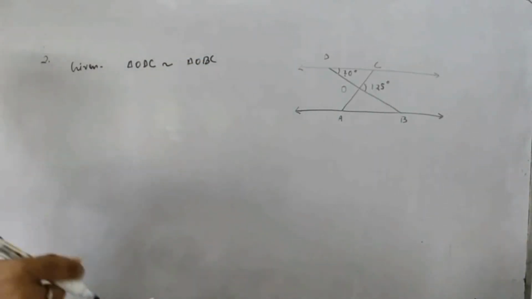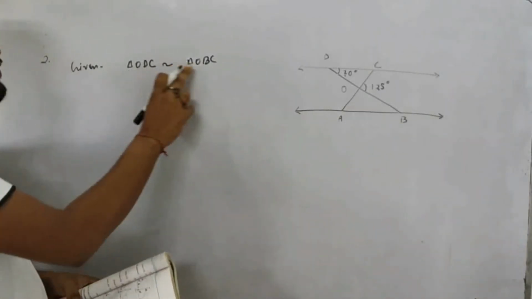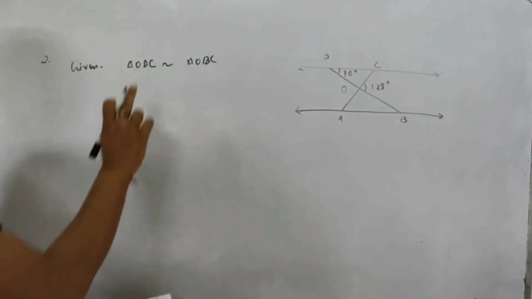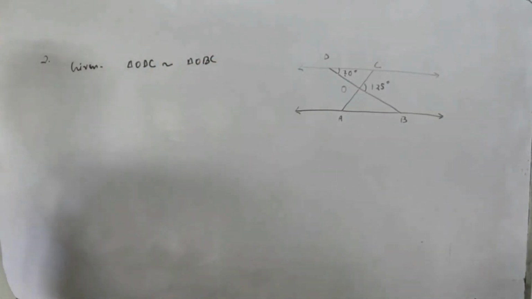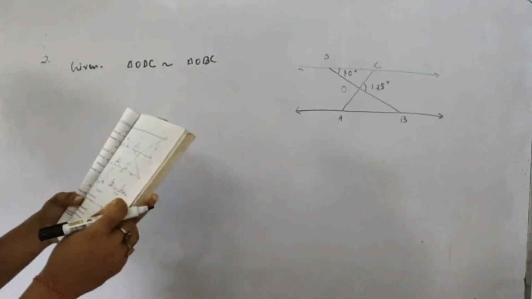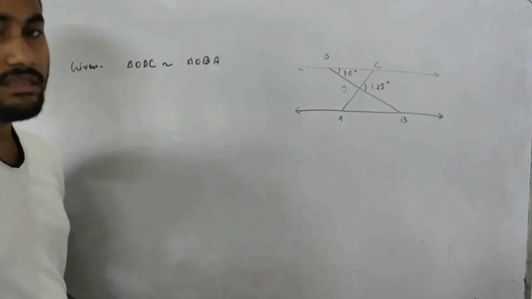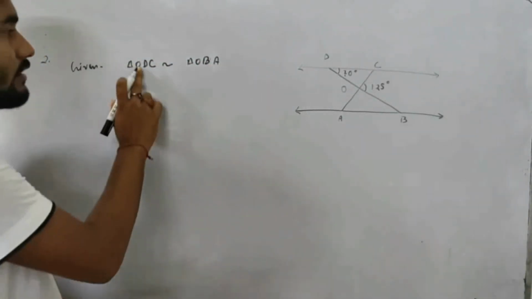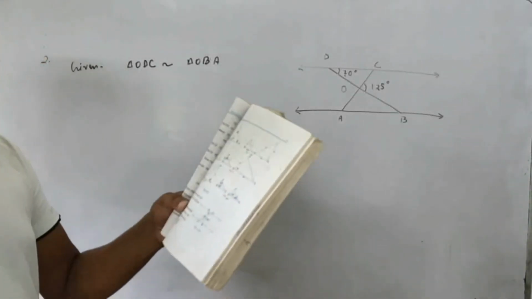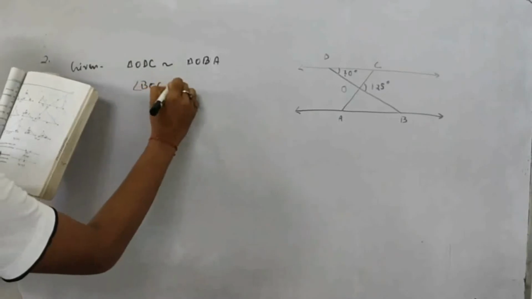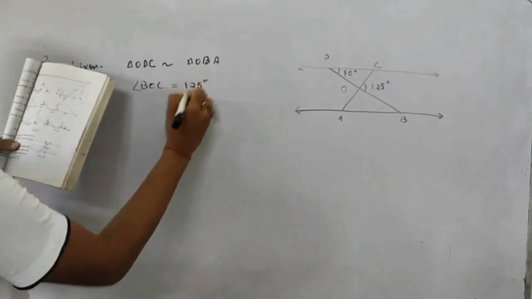So we will use that technique. That means angle O will be equal to angle O, angle D will be equal to angle B, and angle C is equal to angle A. These things are given in the question only. You can use this technique. Next, what is given? Angle BOC is equal to 125. And angle.